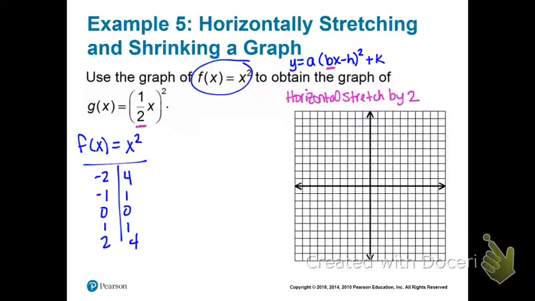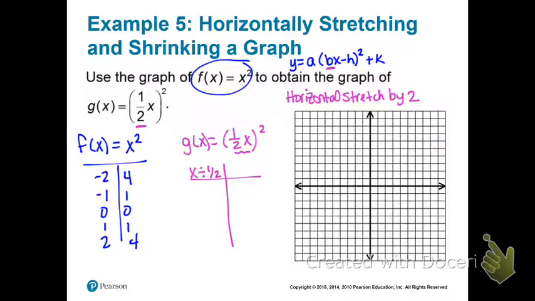All right, so for my table, for g of x equals that 1/2 x quantity squared, that's just a way of saying that the 1/2 is also squared as well, okay? So is that 1/2 going to affect my x or my y? Well, it's inside with x, it's going to affect the x. It says 1/2 times x. We know we do the opposite, so we're really dividing by 1/2.